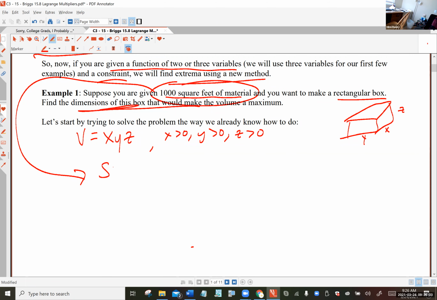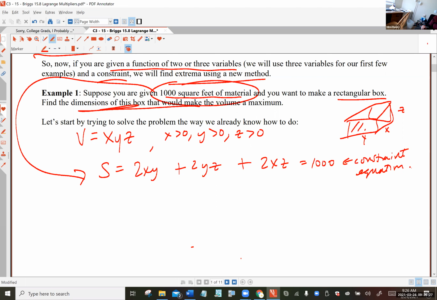That has to be equal to 1,000. This is the constraint equation. Don't have a choice. Okay, and we want to maximize volume subject to the constraint.